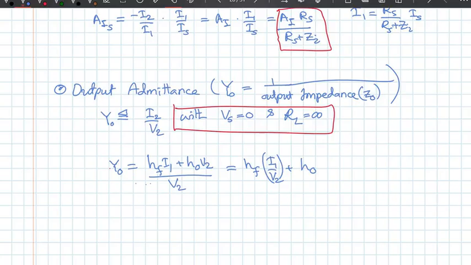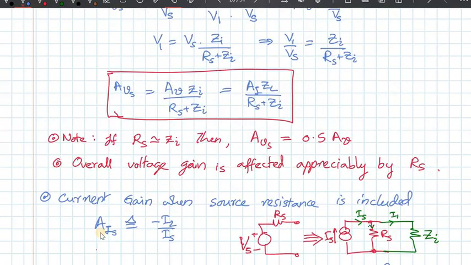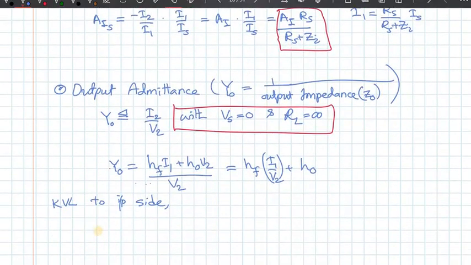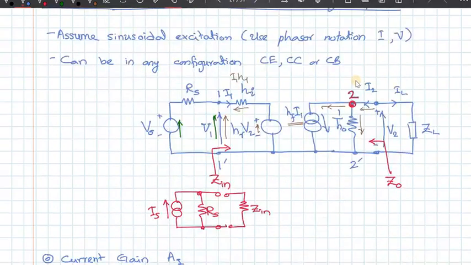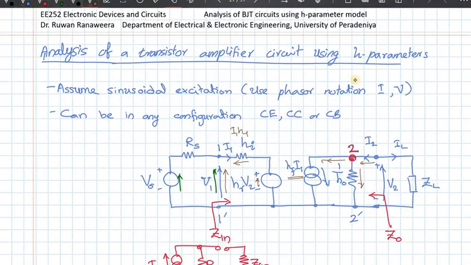To do that, let me apply Kirchhoff's voltage law to the input side, which gives me Rs times I1. Let me go back to the circuit so that we can first look at it. I have Vs equals this plus this plus this: HR times V2, I1 times Hi, plus I1 times Rs.